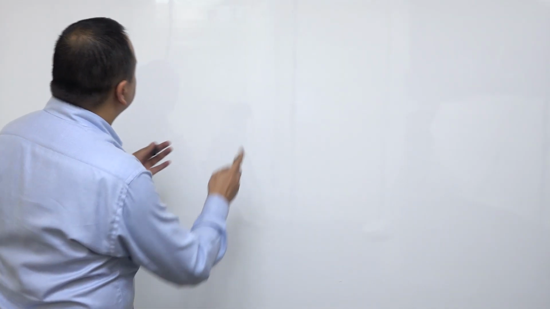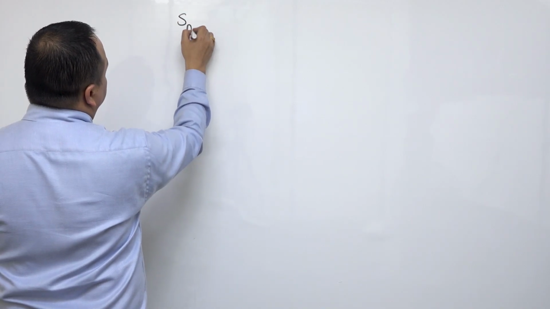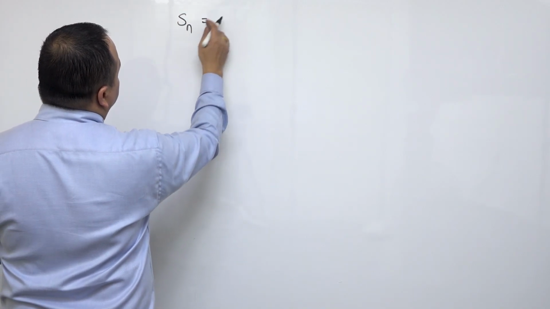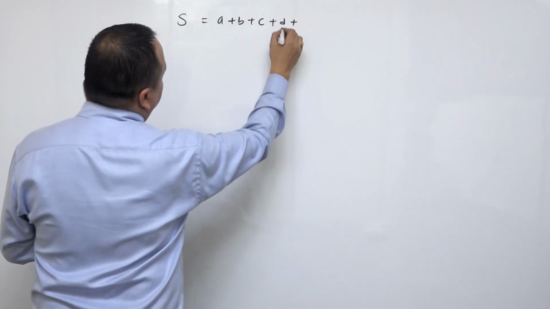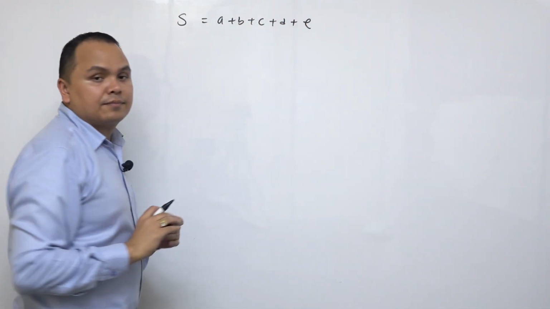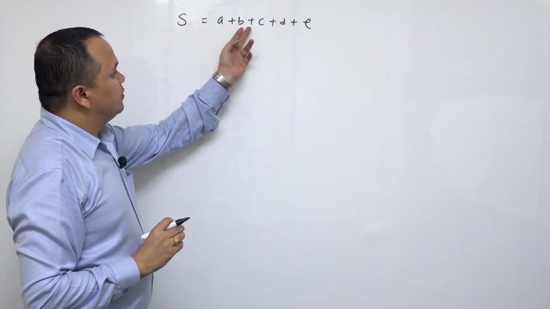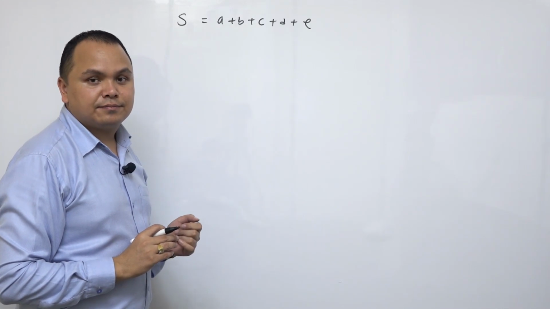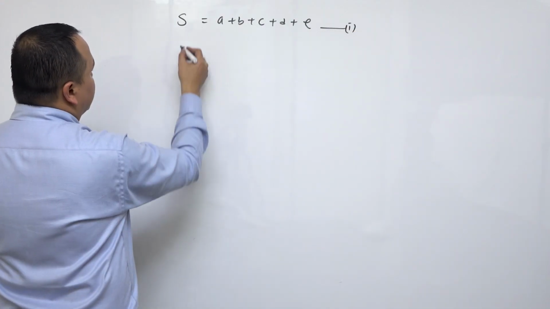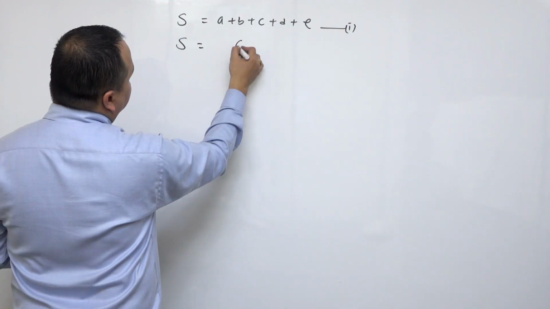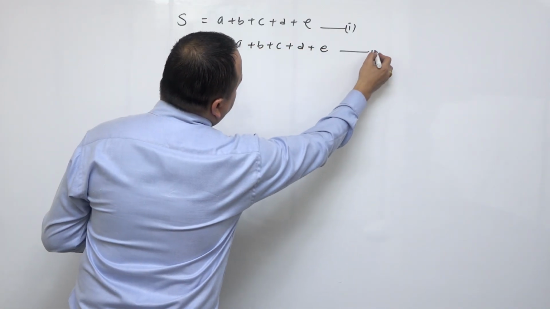Okay. If we take 5 numbers, S is equal to A plus B plus C plus D plus E. S is sum of 5 numbers A plus B plus C plus D plus E, which is equation I. Again, S can be written as A plus B plus C plus D plus E, equation II.